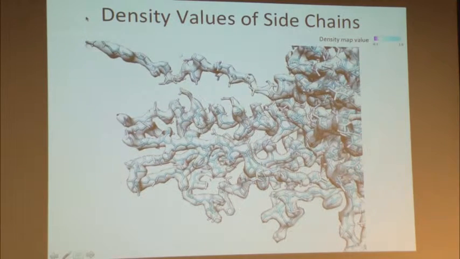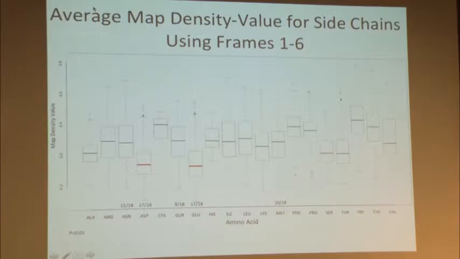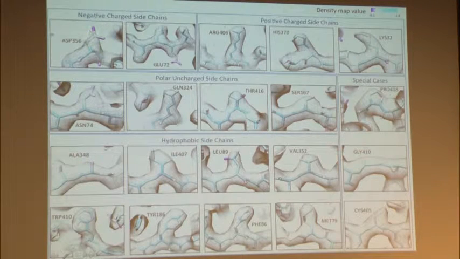So here are the representatives of the 20 amino acids. For both aspartic acid and glutamate, there's no side chain density, even though we have the model, okay? And the rest actually match quite well.